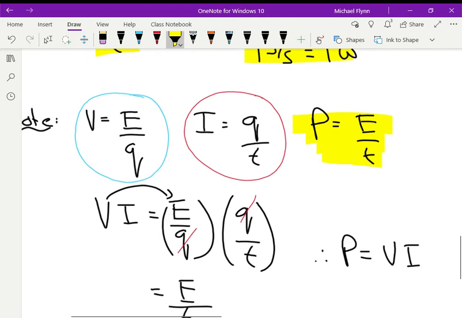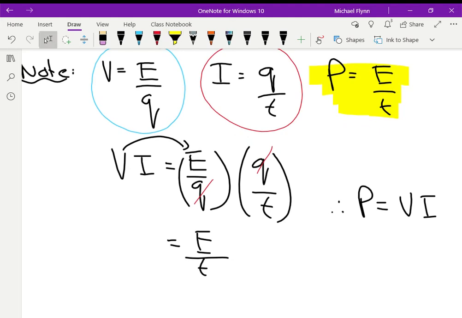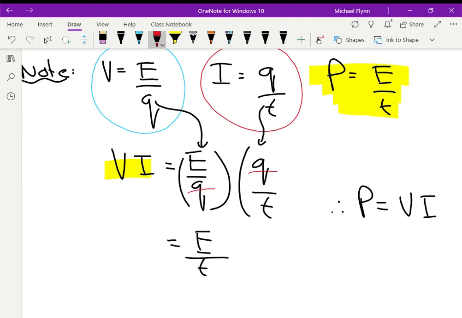Well, I'm going to show you a little trick. Let's say I multiply voltage times current. I'm going to erase this arrow, take the definition of voltage and put it in there, take the definition of current and put it in there, and if you know your math, which I know you should know from grade 8, if you're multiplying and dividing by charge, the charge cancels out.